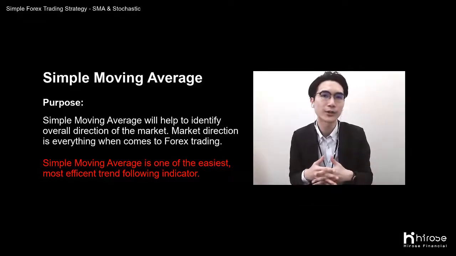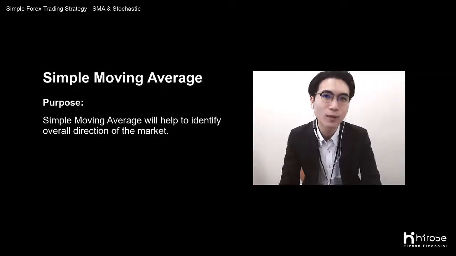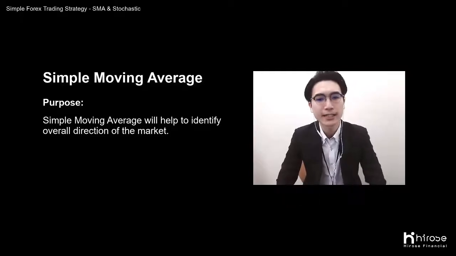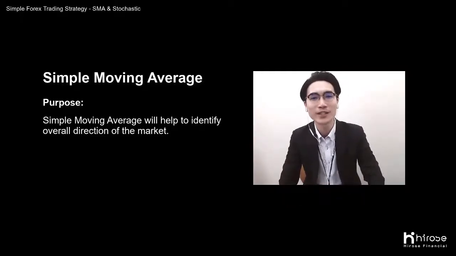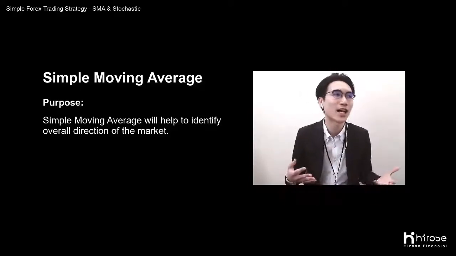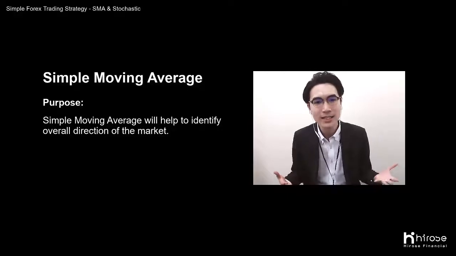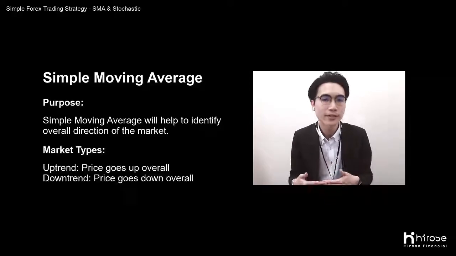Now we'll take a look at a few points of the simple moving average. First things first, the most common use of the simple moving average is to identify the overall direction of the market. The overall direction of the price movement is what we call a trend.